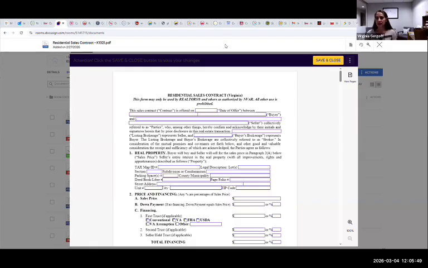Sometimes the listing agent will provide in the disclosures a cover page with specific information about the seller's name, or in the actual disclosures, which ideally the seller has signed in advance, there will be the name of the sellers. If you don't have that information, you can always go to the tax record, although the tax record is not as accurate as what the listing agent would provide or how the seller has signed the disclosures.